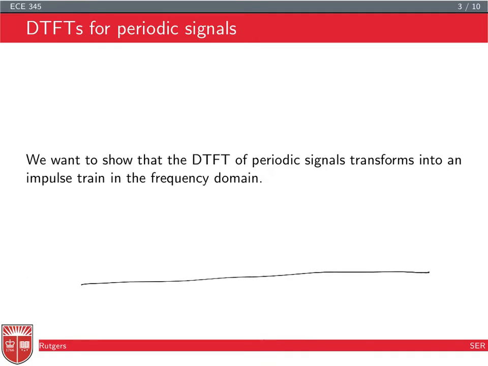So if this is the frequency domain, then the DTFT, let's suppose this is 0 here. So this is X(e^{jω}). It may look something like this. So let's suppose you have these pulses here, and we know that the DTFT is periodic with period 2π.